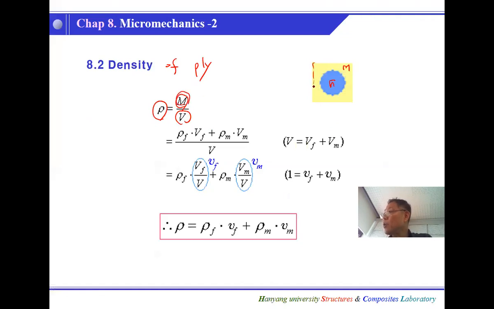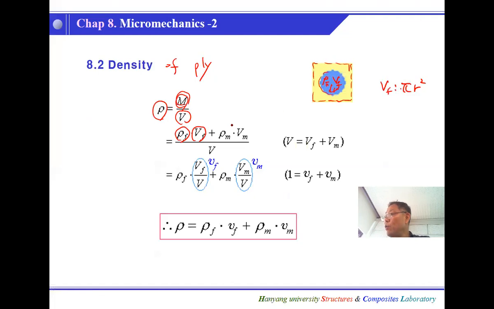And what is the mass of this total unit cell? Now this unit cell will represent the whole ply. So the mass will be the density of the fiber, rho f, times volume. This is not the volume fraction, this is a real volume, such as pi r squared, where r is this one.